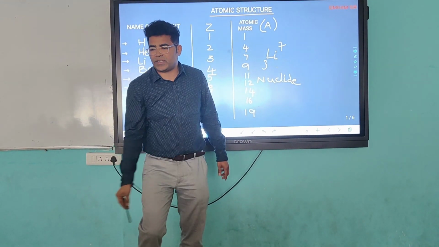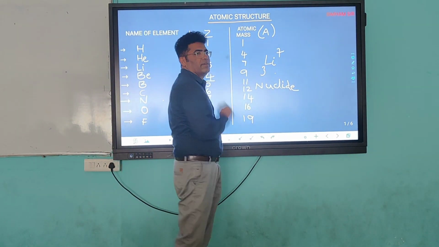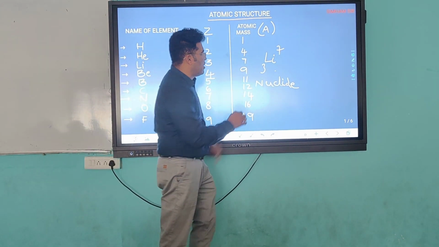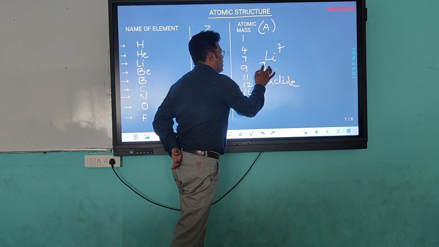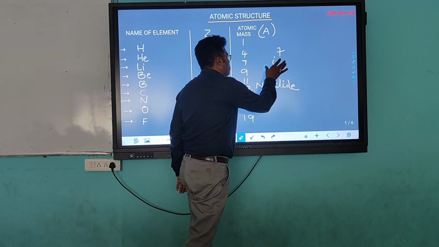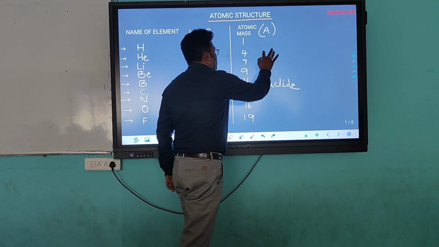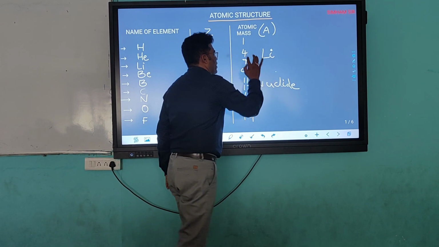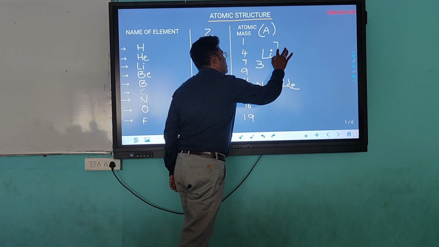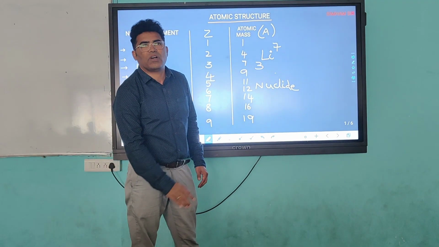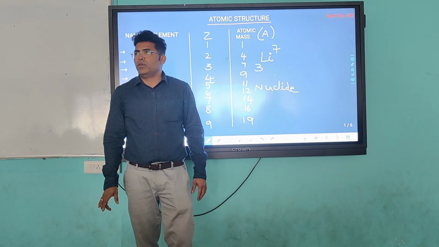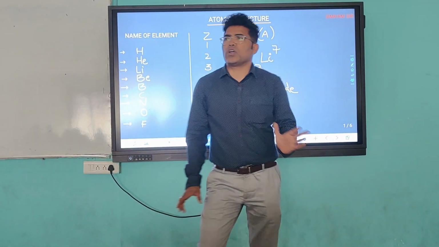The symbolic representation of an element with atomic number in the subscript and mass number in the superscript is called a nuclide. I hope you got the definition of nuclide.